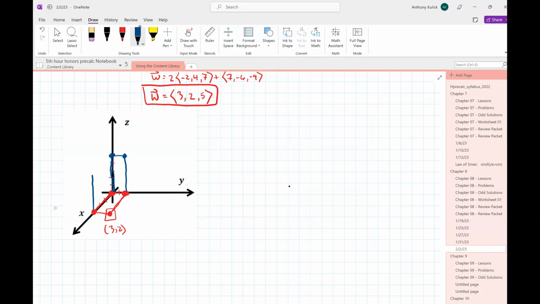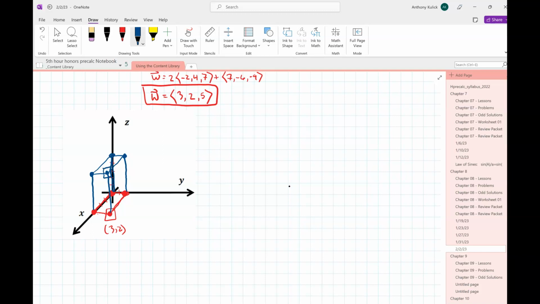Then I just kind of estimate, and which of those is my solution?